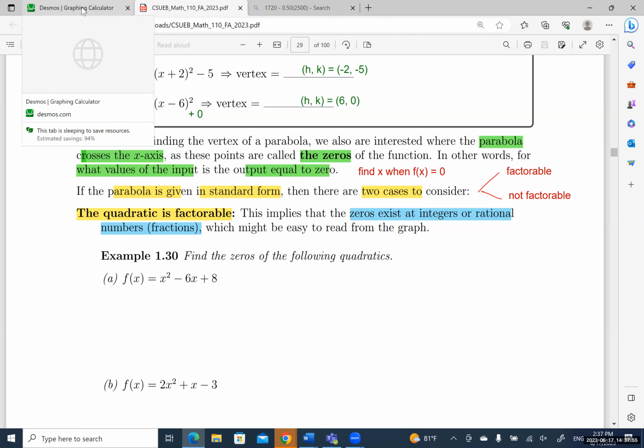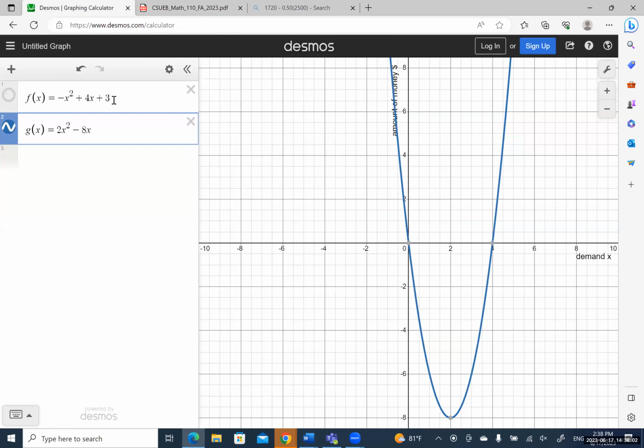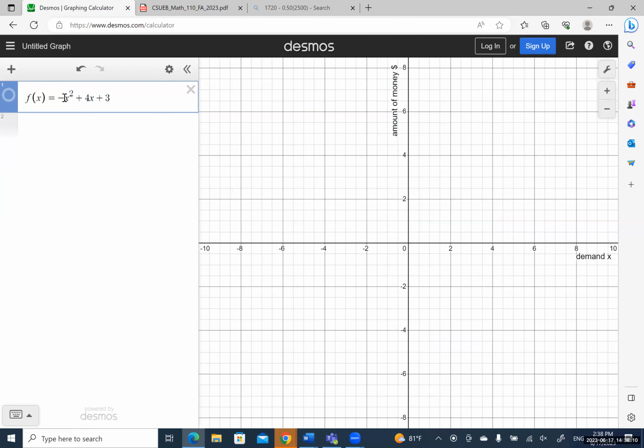First, I would suggest always using the decimal to have an answer key for it. So I have x squared minus 6x plus 8.